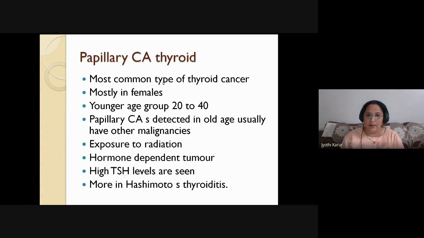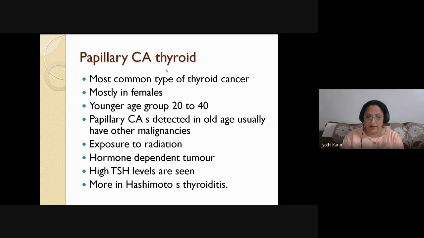So the most common is papillary carcinoma: young population, females, exposure to radiation, and it is a hormone dependent tumor. In these patients there are high levels of TSH, and it is more in Hashimoto's thyroiditis.